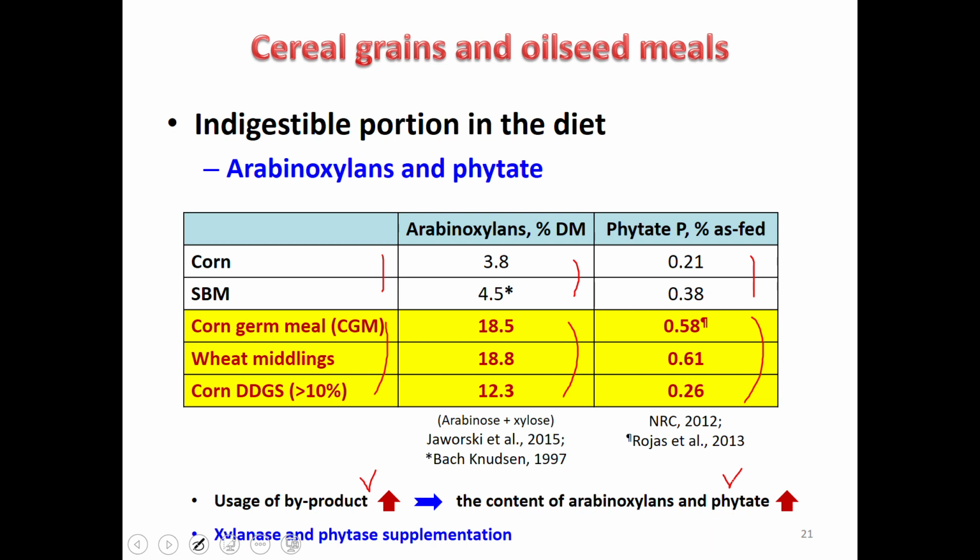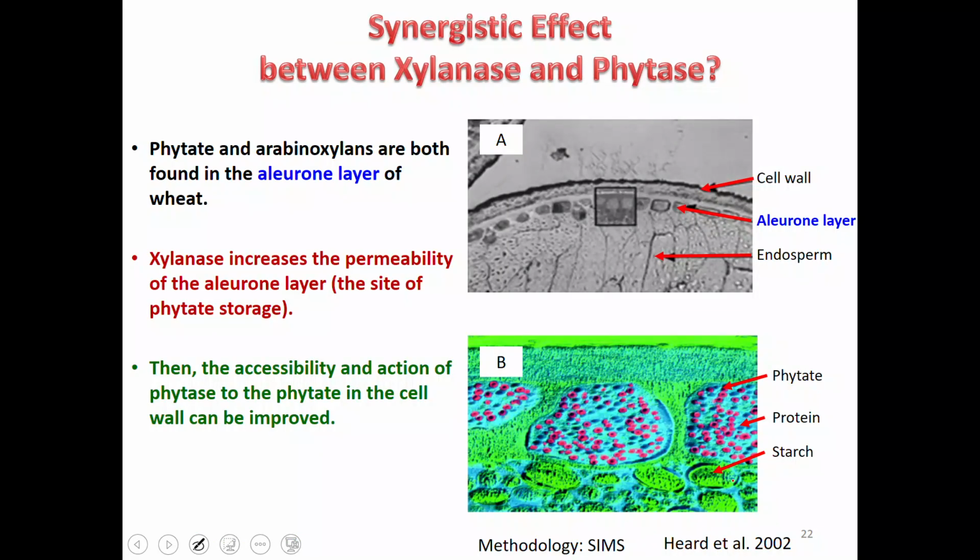Then, in order to increase nutrient availability, we use Xylanase and Phytase enzymes in the swine diet. We could expect a synergistic effect between Xylanase and Phytase supplementation because in the aleurone layer of oilseeds and cereal grains, you could find both arabinoxylans and phytate.